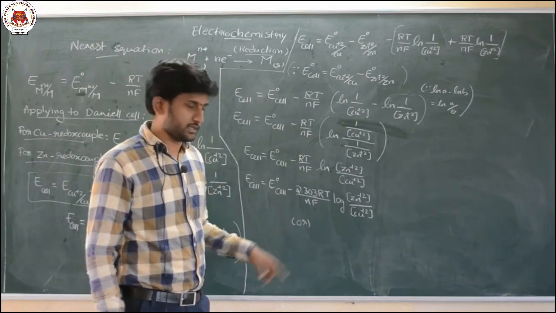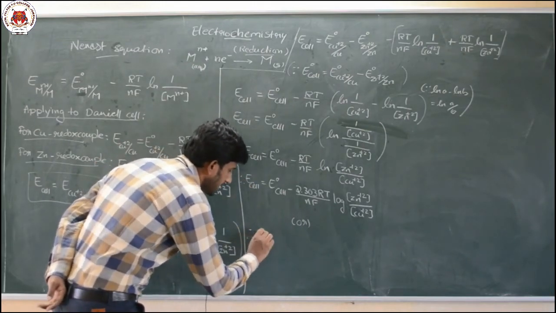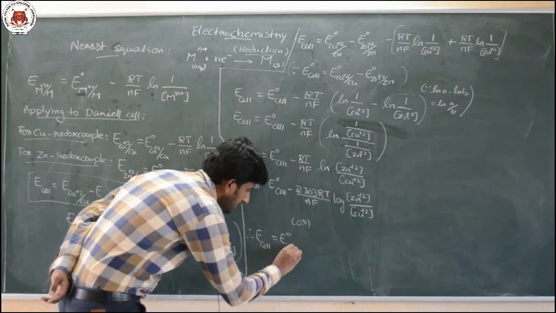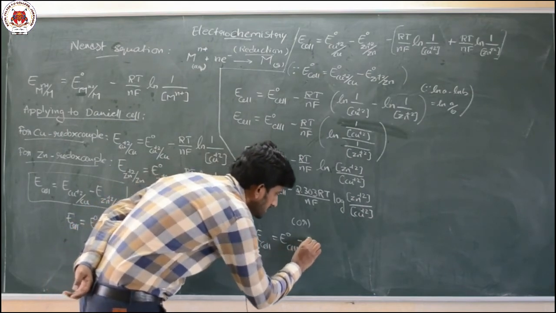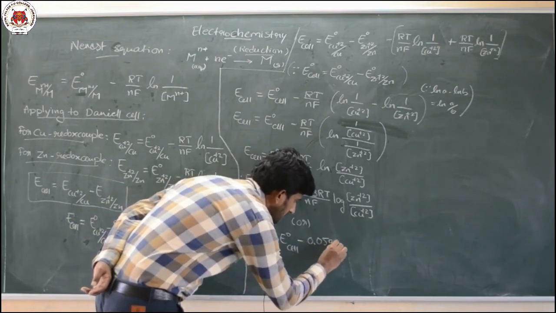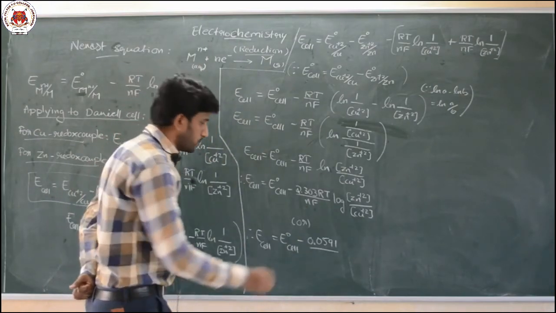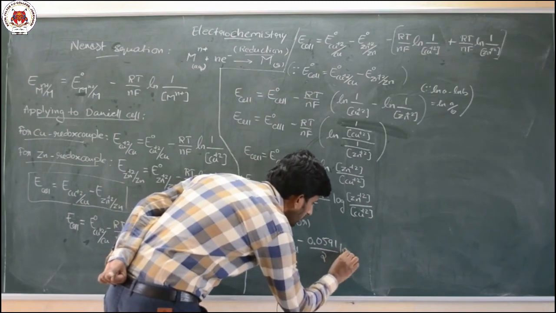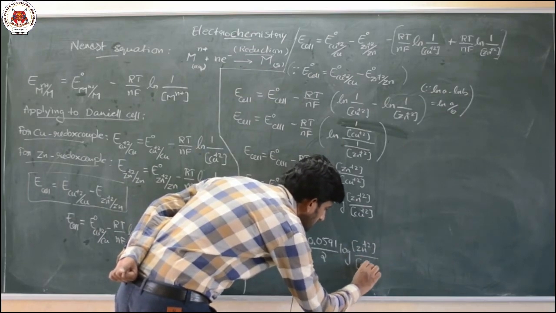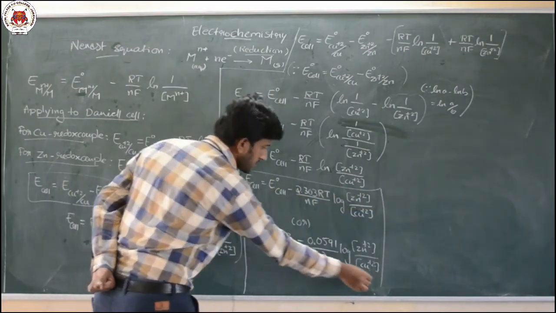If you substitute all this, the final equation we get is E cell is equal to E naught cell minus 0.0591 by n, where n for the Daniell cell is 2, log Zn plus 2 concentration by copper plus 2 concentration.